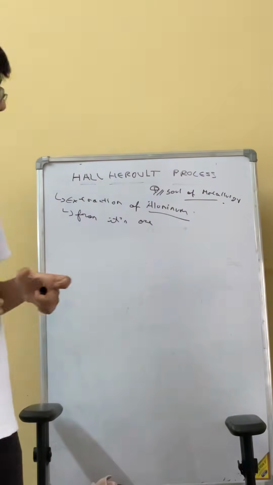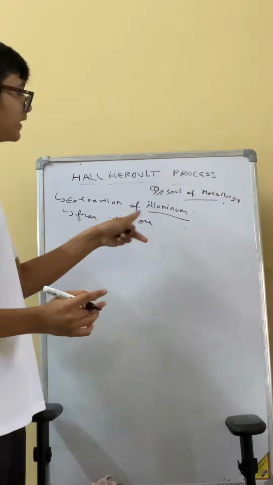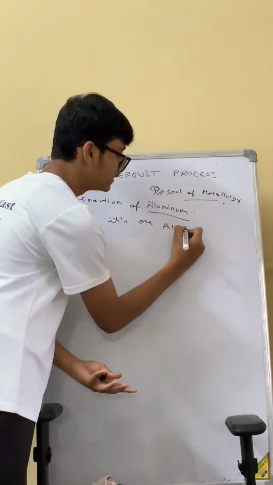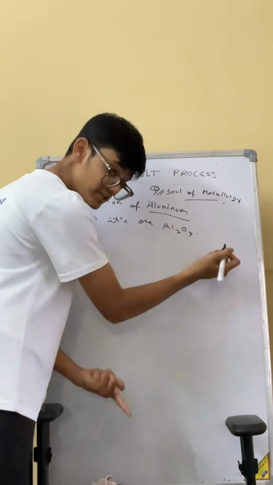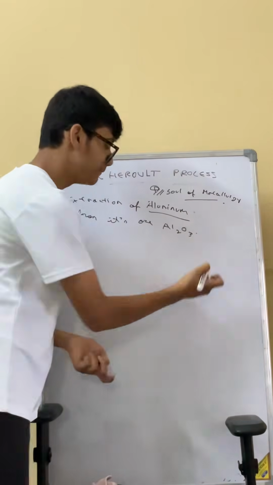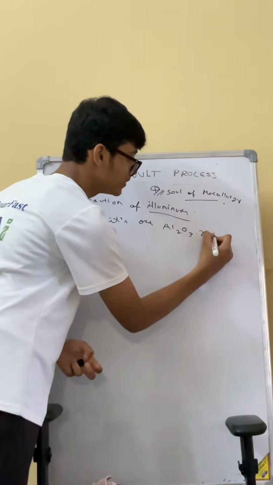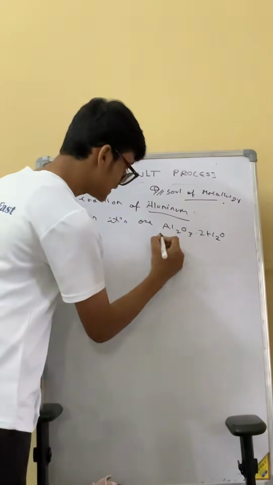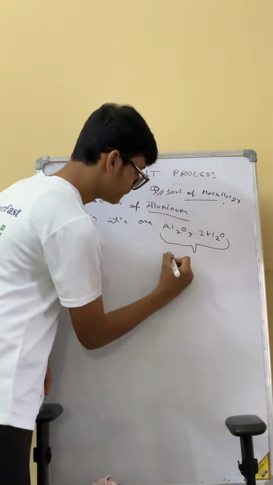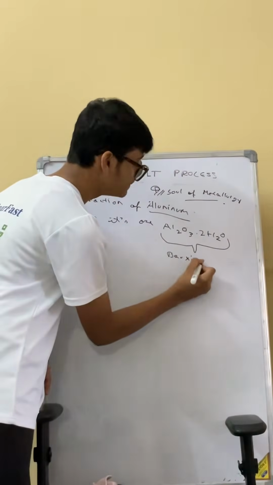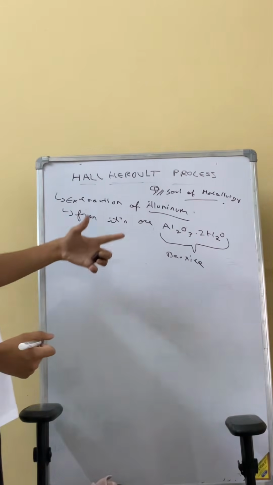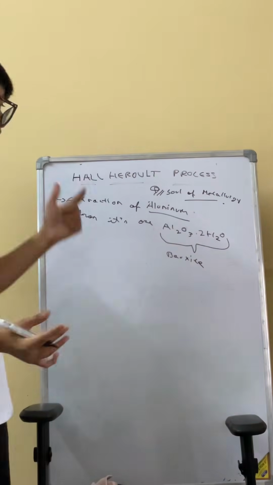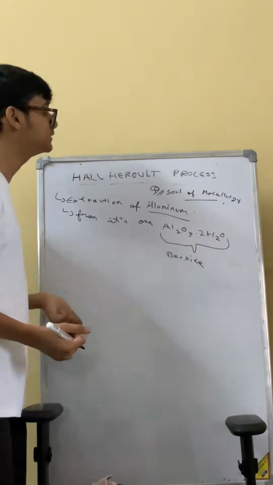The main ore that we have on Earth for aluminum is bauxite, which has a formula of Al2O3.xH2O, but if I be more specific, then it's Al2O3.2H2O. This is basically your bauxite, which is the main ore for aluminum. And this is what we are going to revolve our chapter, or the topic of the Hall-Heroult process, around.